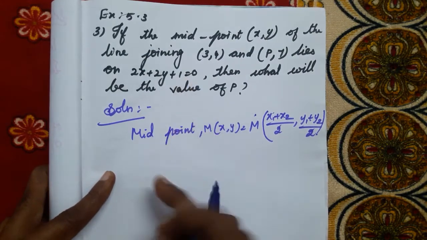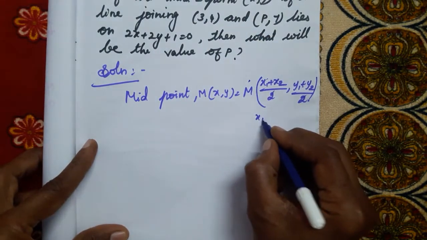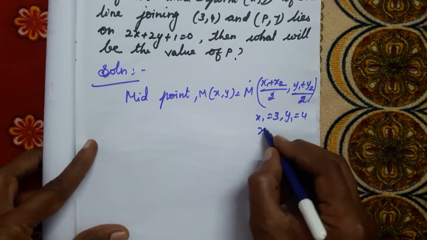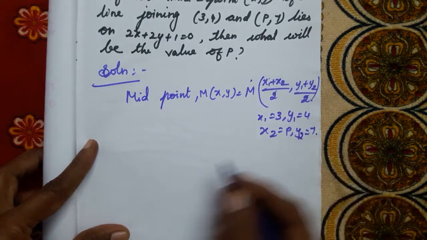First we can find out the midpoint. Here x1 is equal to 3, y1 is equal to 4, x2 is equal to p, y2 is equal to 7.